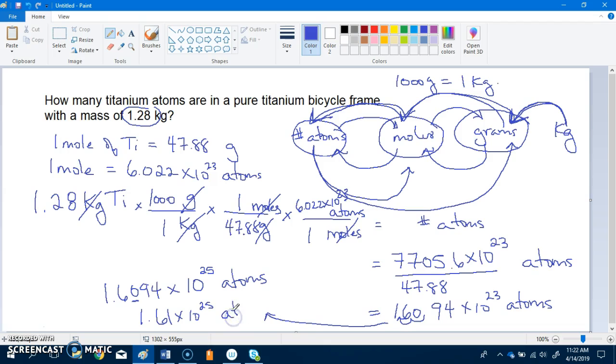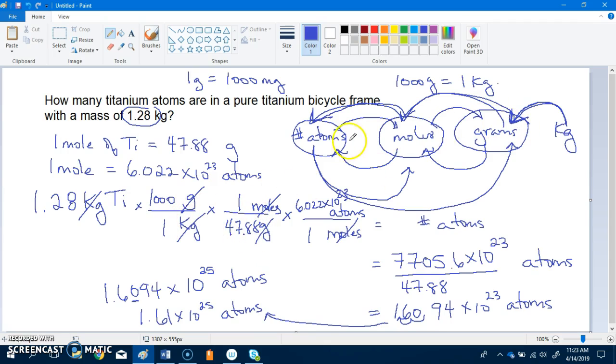So in a nutshell, when you are given mass as kilograms, in doing these mole conversion questions, always first convert to grams using a conversion factor. If it's milligrams that you're given, remember that 1 gram is equal to 1,000 milligrams, and then use that as the conversion factor set up properly to cancel out your milligrams.